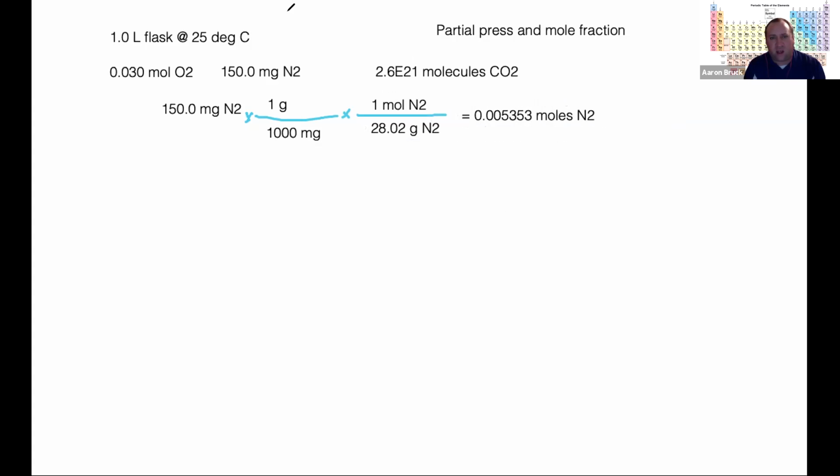In a similar way, I can take that number of molecules of carbon dioxide and convert it to moles of carbon dioxide. Here I just need Avogadro's number. Avogadro's number of molecules is equal to 1 mole.